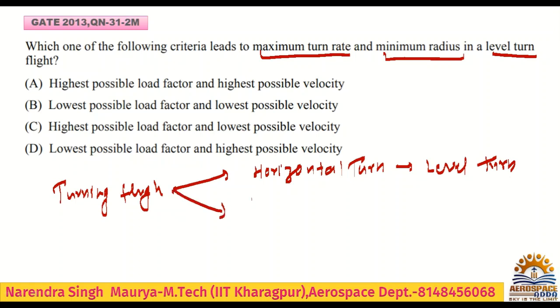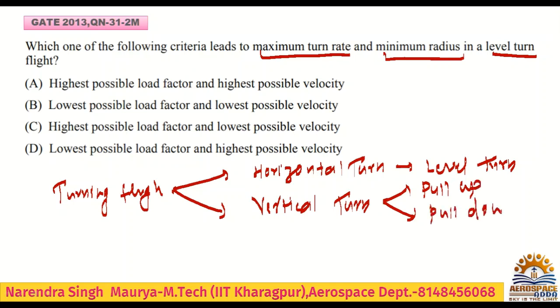Another is vertical turn. Two types of the vertical turn we have: pull up and pull down.